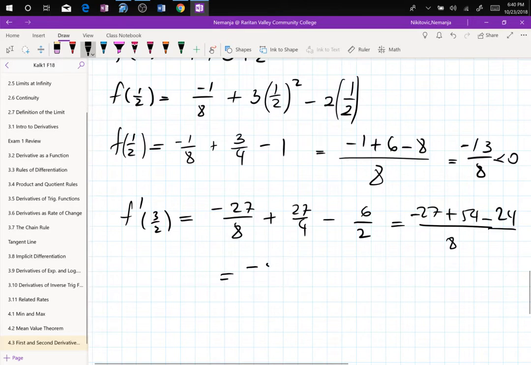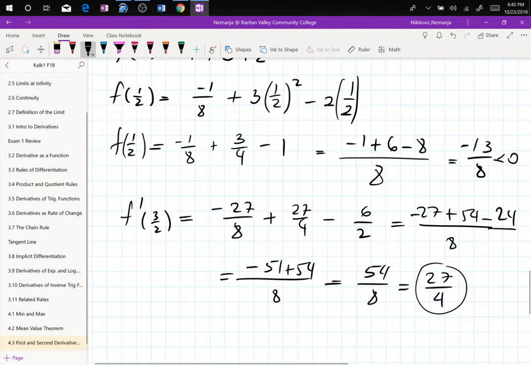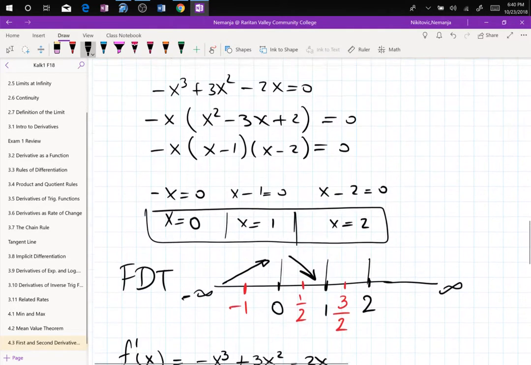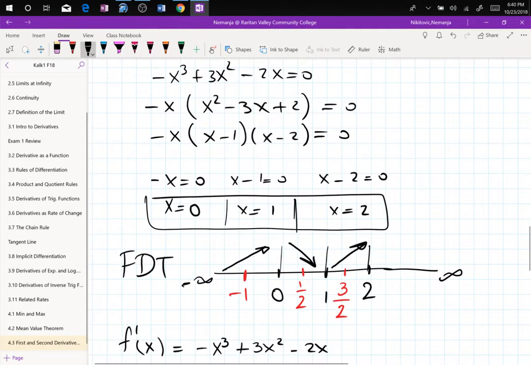So that's negative 51 plus 54 divided by 8, which is 54 over 8. Cut this in half: 27 over 4. What is 27 over 4? I need to circle it. It's bigger than 0. That means increase.